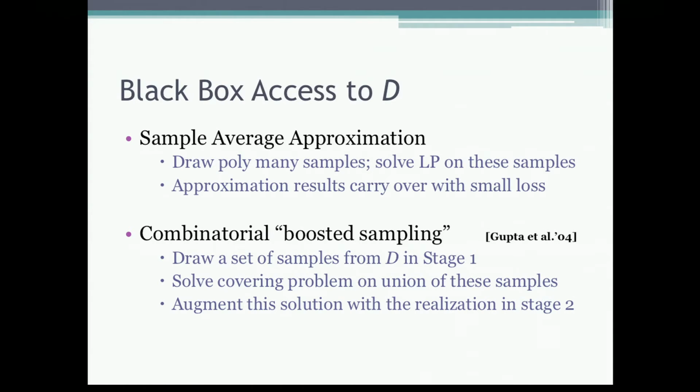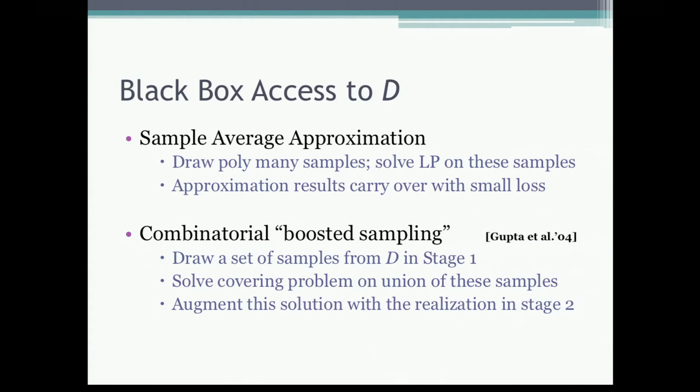That will give me a bunch of edges. Let me cover those edges in stage one. They are not the edges that got realized; they are just some samples I drew from this distribution. Buy those vertices, and now wait for stage two, and whatever gets realized there, cover with more vertices. It turns out even that works.